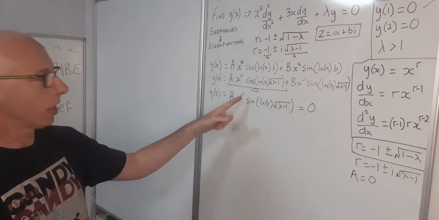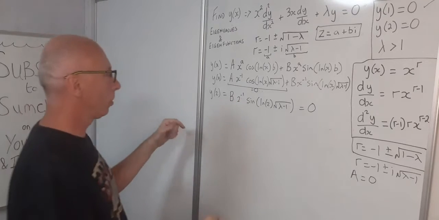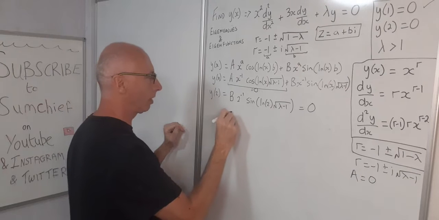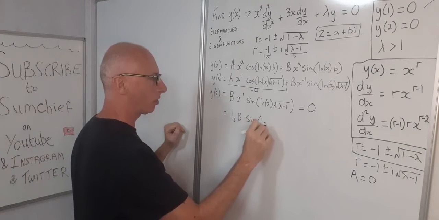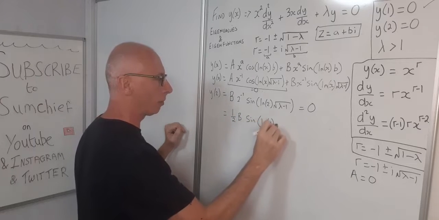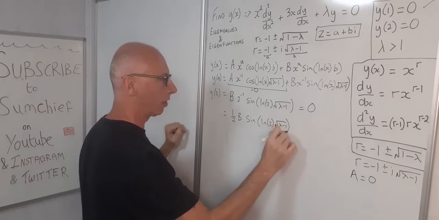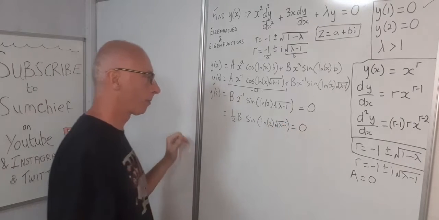Okay, 2 to the power of minus 1, we know that's just the reciprocal of 2, so we can rewrite this a little bit to help us. So now we've got 1/2 of b sine of natural log of 2 times square root of lambda minus 1, and that equals 0.